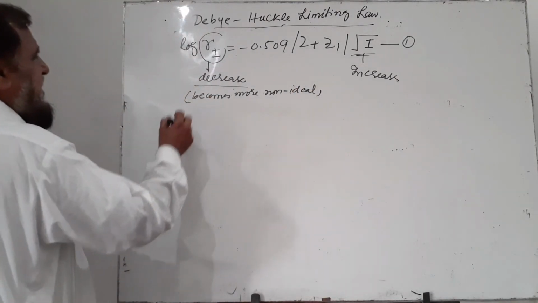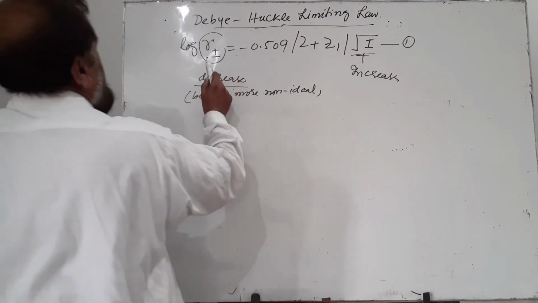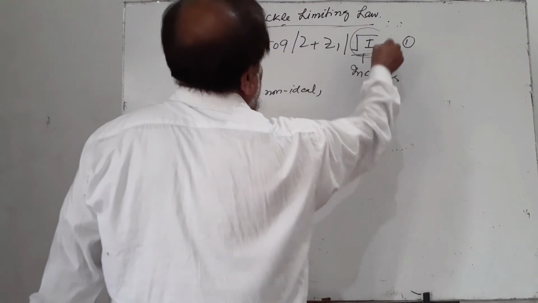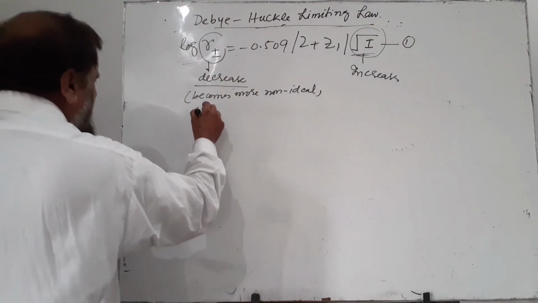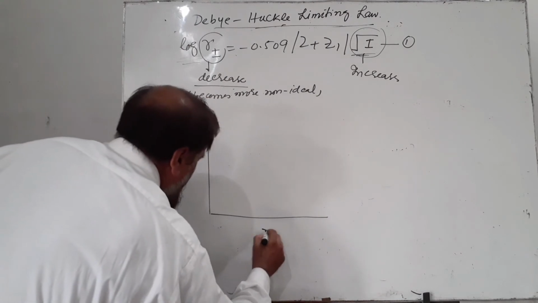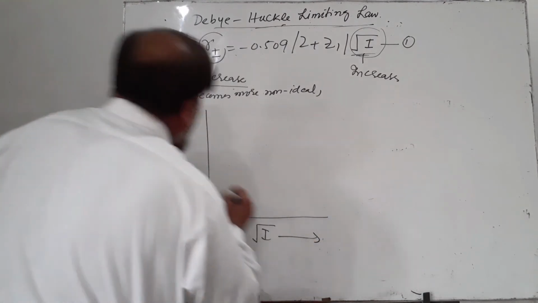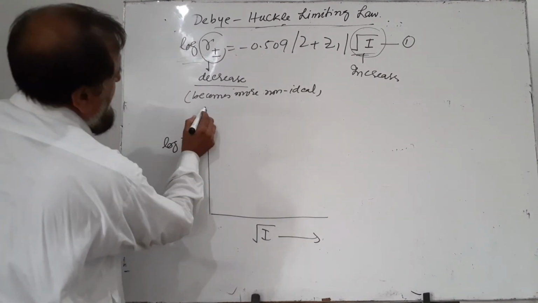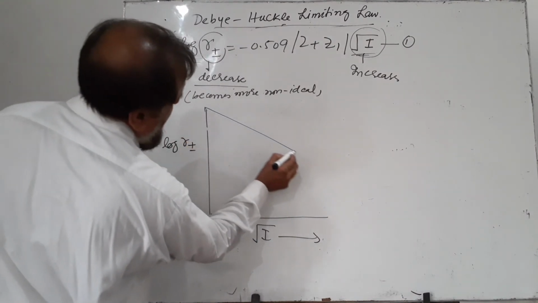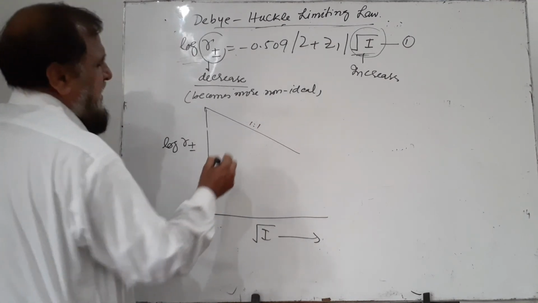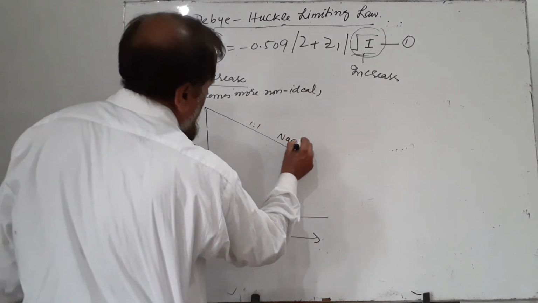Now, if we draw a graph between log of activity coefficient and ionic strength, we get the following diagram. Here we have the square root of ionic strength, and on the y-axis we take log gamma plus minus. For a 1,1 electrolyte like sodium chloride, we have this curve.